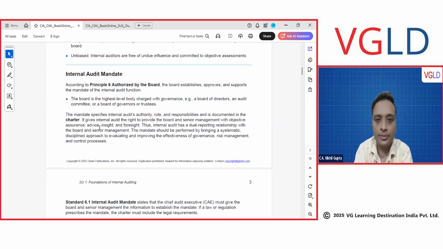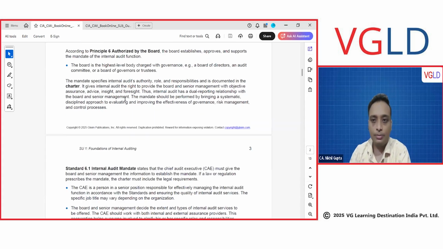We'll discuss in detail. Principle 6: authorized by board. The board establishes, approves, and supports a mandate of the internal audit function. The board is the highest level body charged with governance.